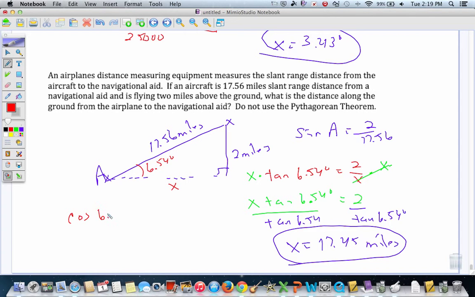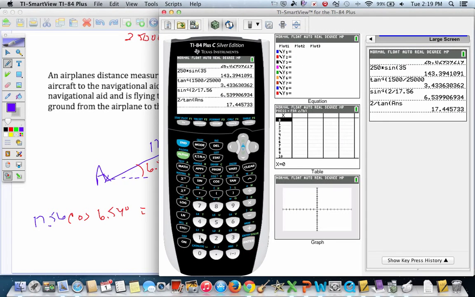So the long way around gave us a look at how to use our trig functions. Now, like I said, we could have used cosine as well. We could have said the cosine of 6.54 degrees equals X over 17.56. In this case, we multiply both sides by 17.56, so these cancel.